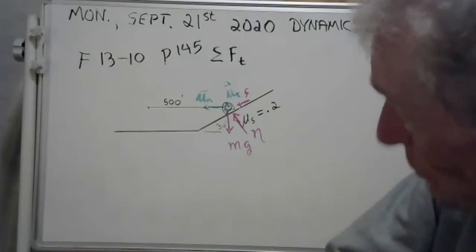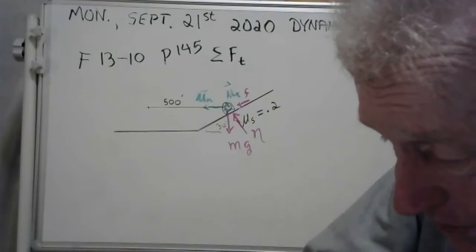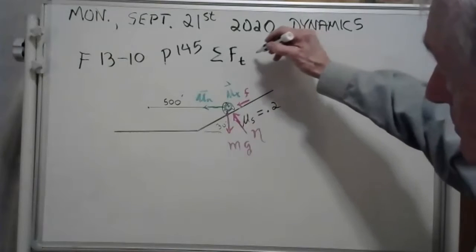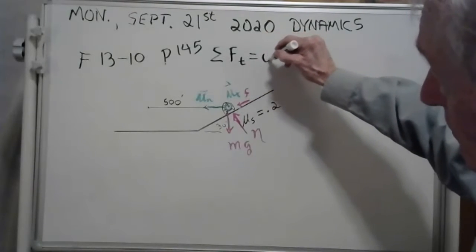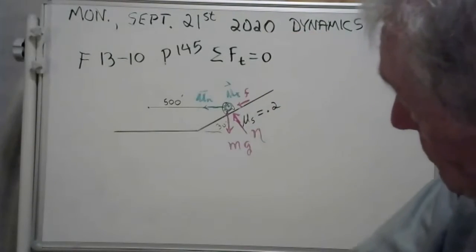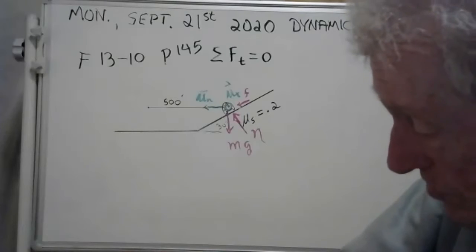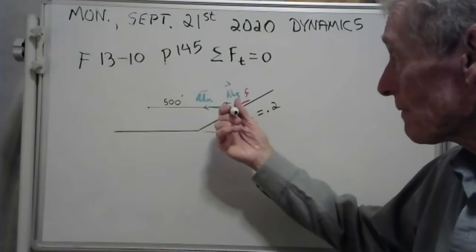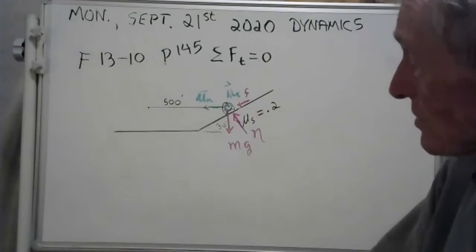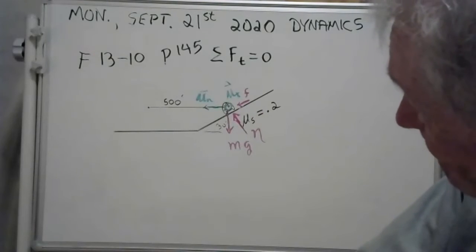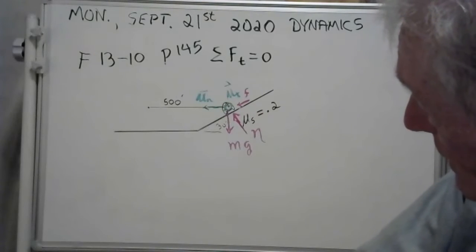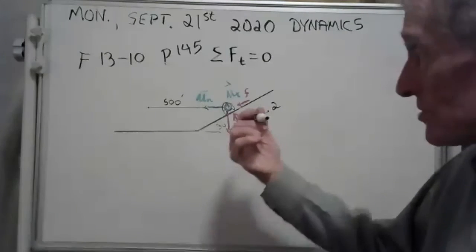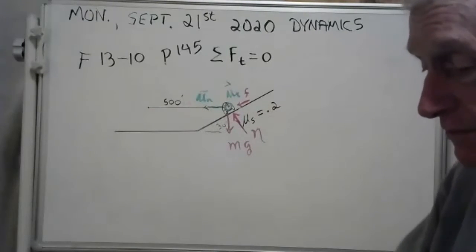But if you're going at a constant speed, all those forces cancel out and give you zero, because see, there's no acceleration in the tangential direction. It's going at a constant speed as it goes around the circle.